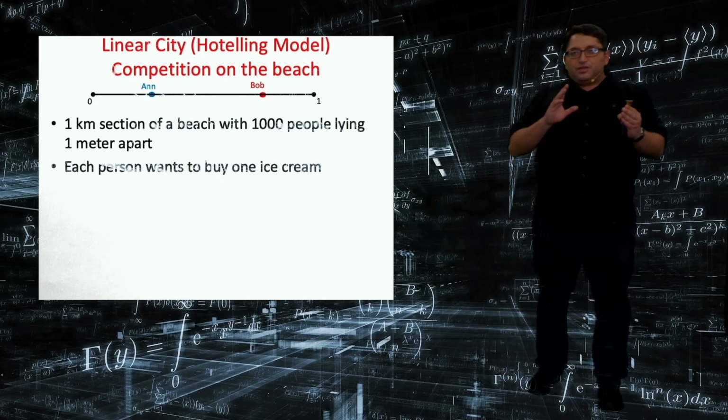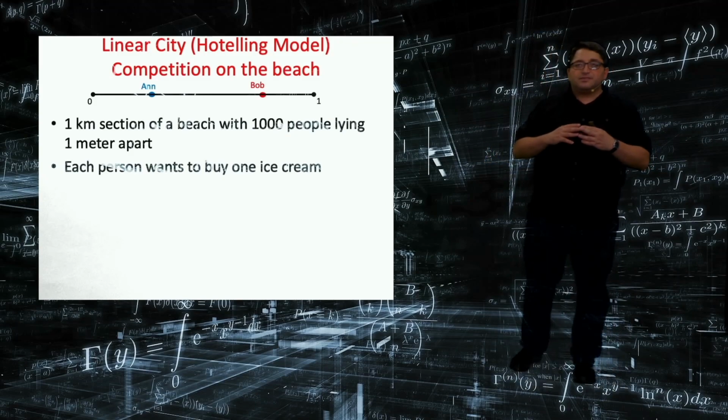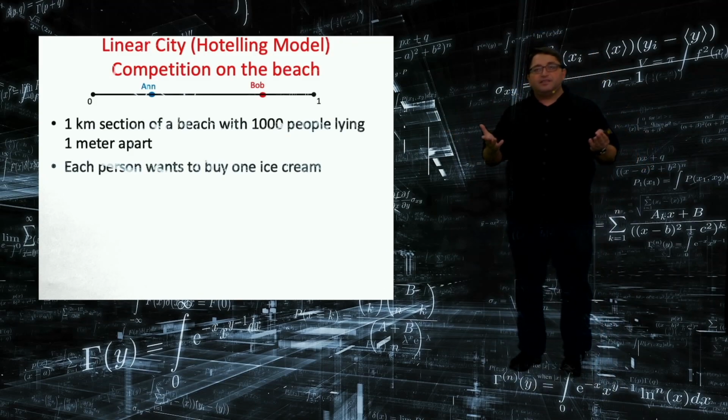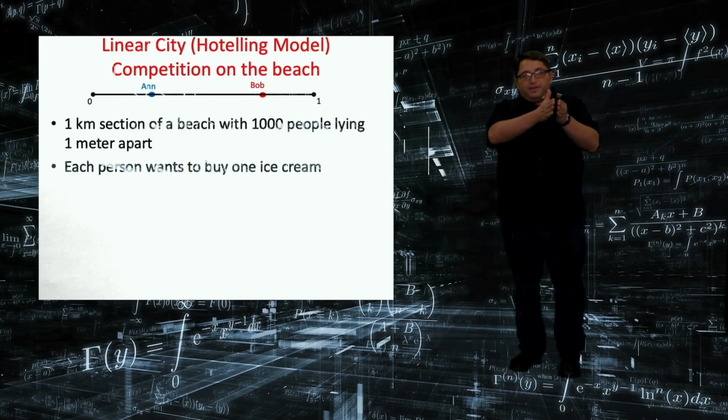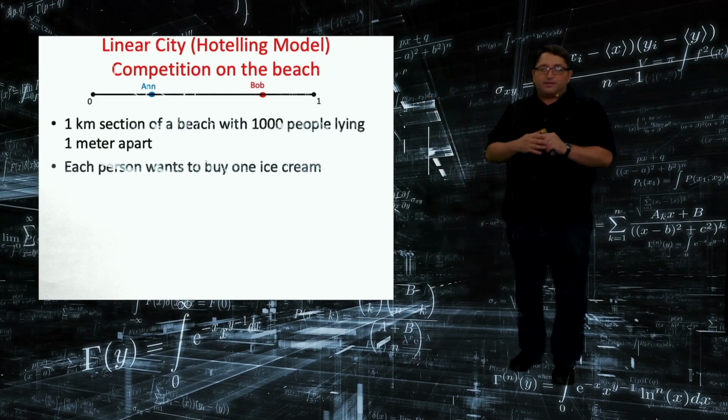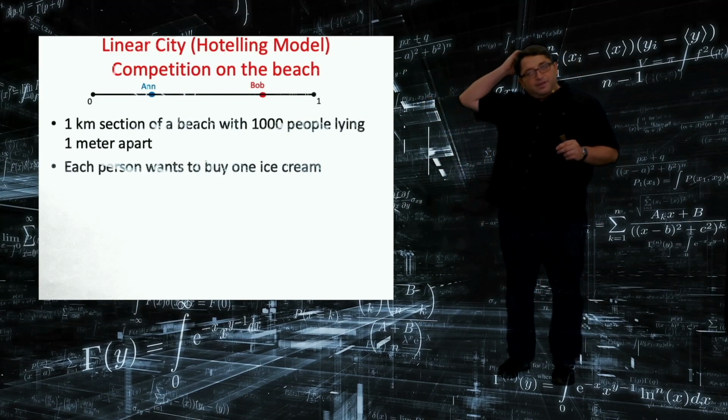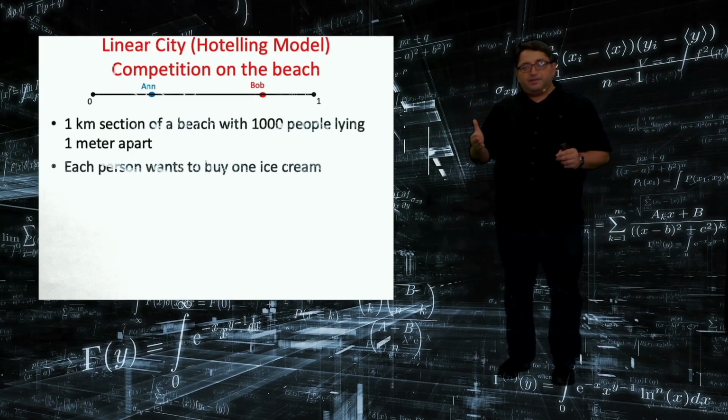But I think you guessed the best response dynamics and where it's going to take us. If you are to the left, not in the center, the other person will be a little bit to your right. And then as a best response, you would be to his right. And so on. They will outdo each other until they come to the middle, 500 meters.